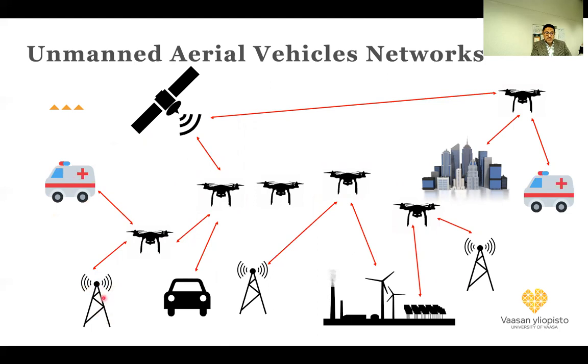If we don't have a base station in a certain area, an ambulance or some critical-use vehicle can communicate with the communication infrastructure. So drones can provide vehicle-to-anything communication to increase safety, and they can work in smart grids, collecting data from sensors there.